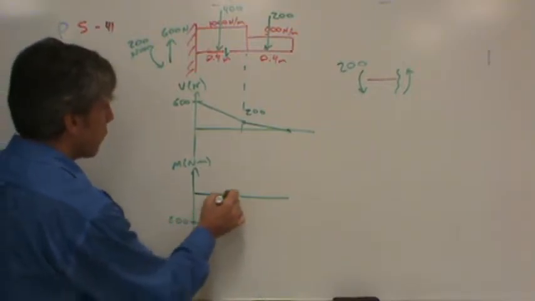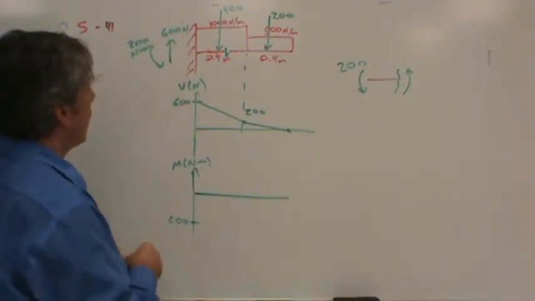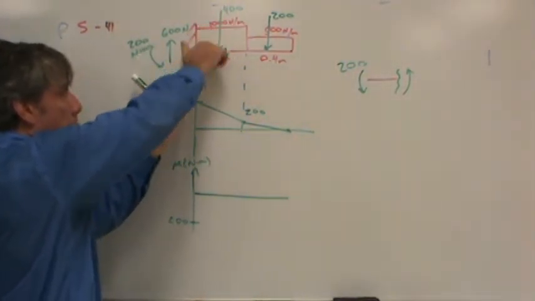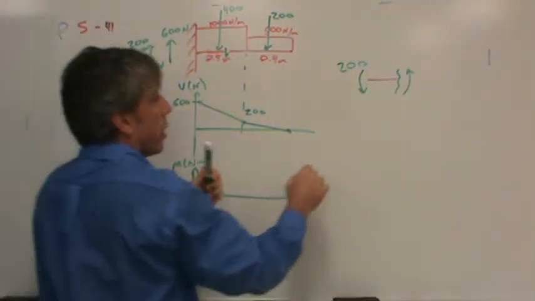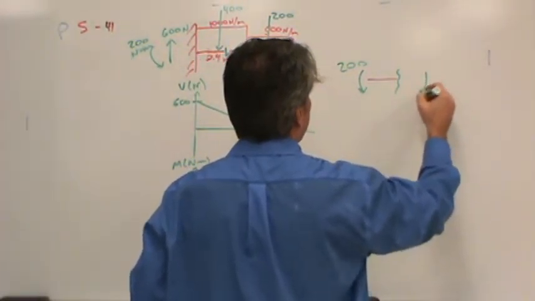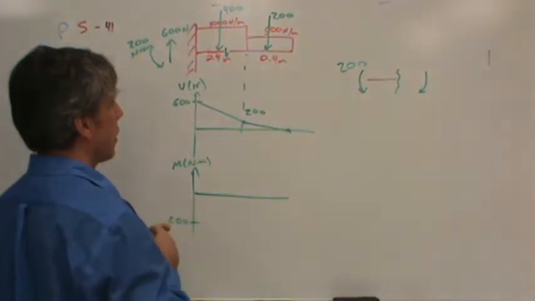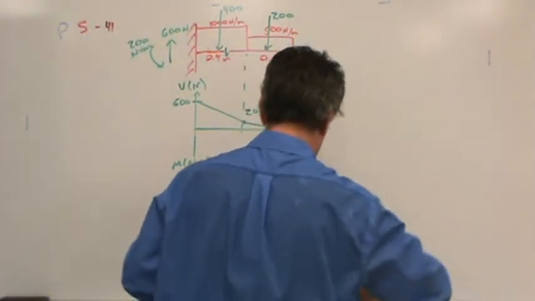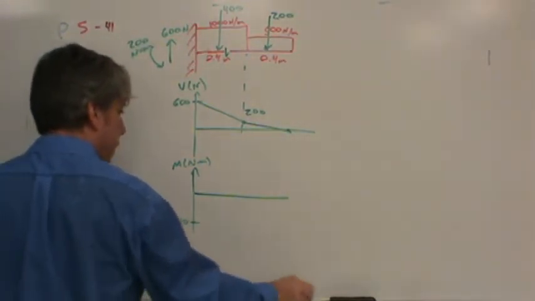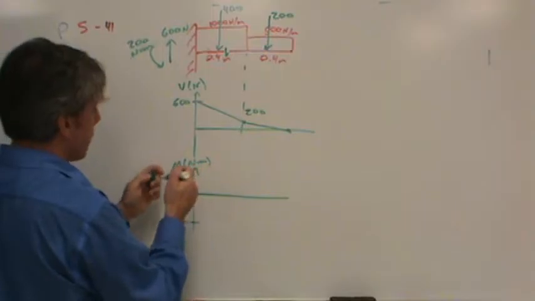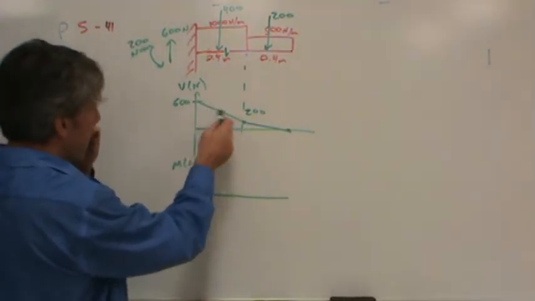So we're going to move from here. Now, notice that as you go along and there's more and more moment of this distributed load, the amount of moment required to keep the beam in equilibrium will decrease. Okay? So let's see if we can figure out how this goes. First of all, let's figure out how much the moment changes. So let's figure out this area.